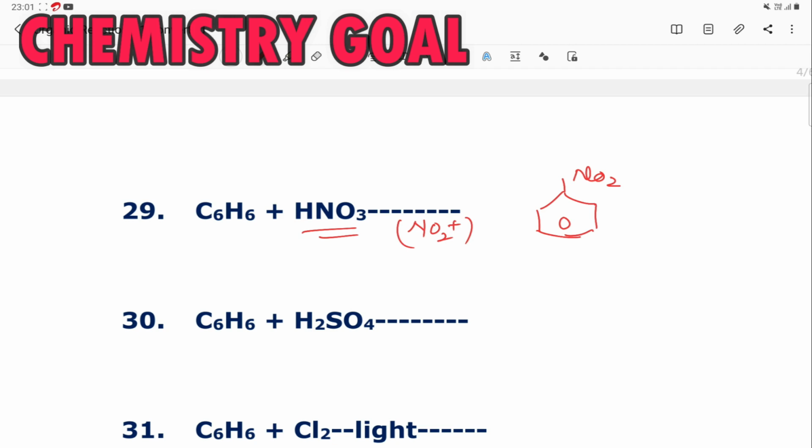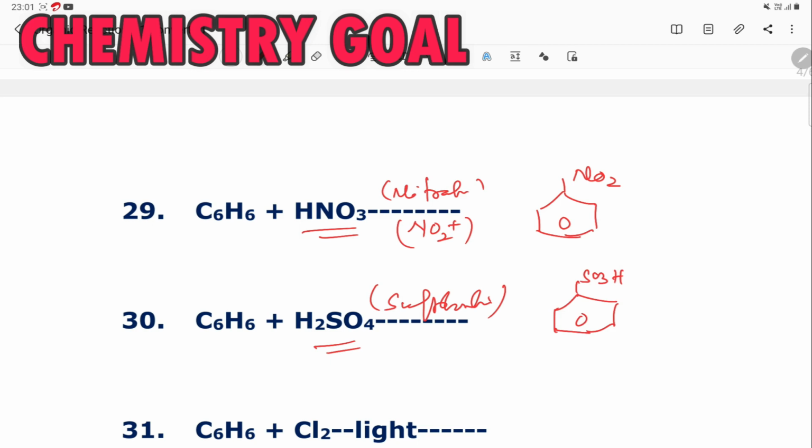Then benzene with sulfuric acid is called sulfonation, and the product is benzene sulfonic acid, SO3H. Here SO3 acts as an electrophile, and in nitration NO2+ acts as an electrophile.